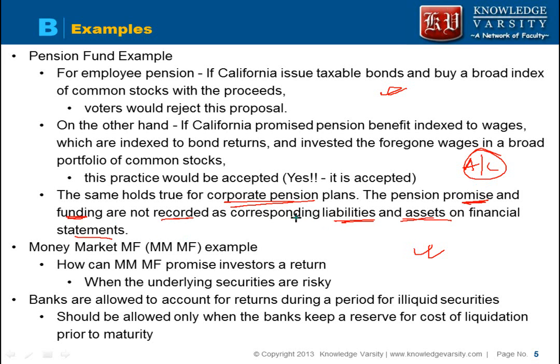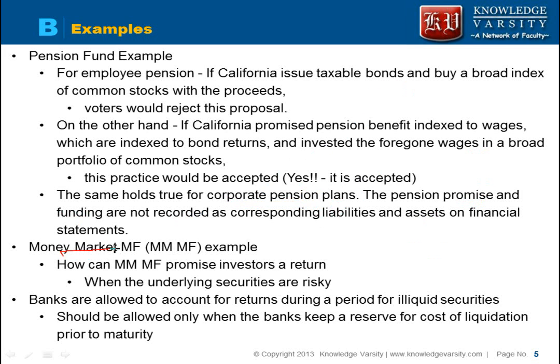They are not properly recorded. Note that there have been changes in the standard after this paper was written. There are some changes wherein now, at least as per US GAAP, the pension is being recorded properly, but under IFRS it is still not recorded properly. Because of this there is a loophole, so people are going for this kind of thing.